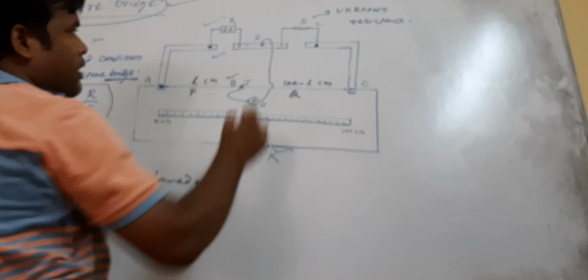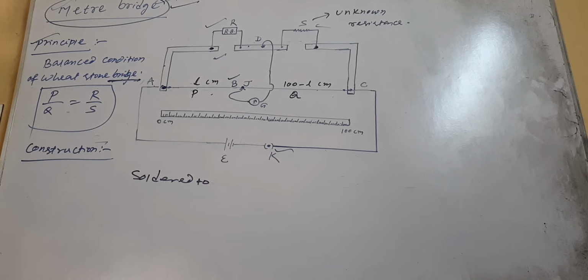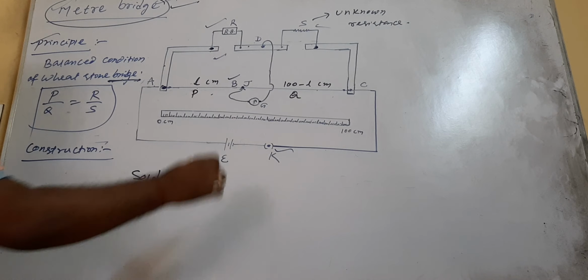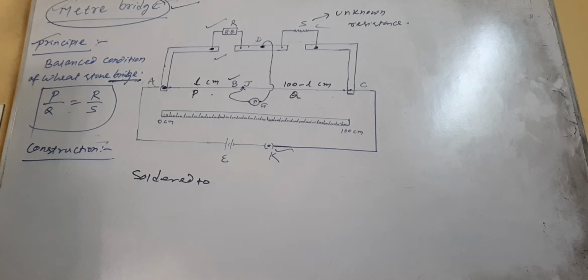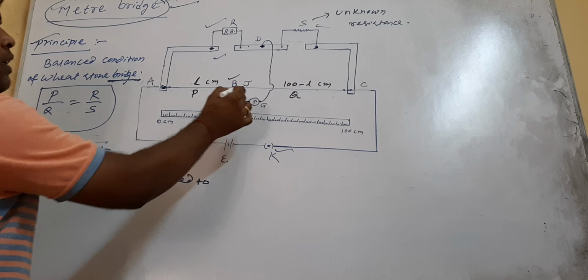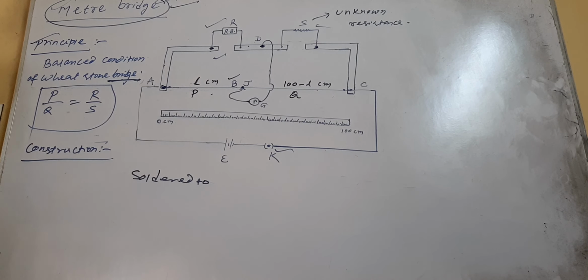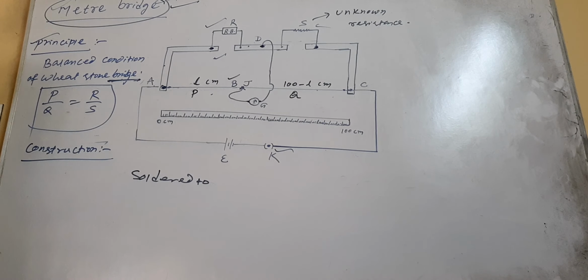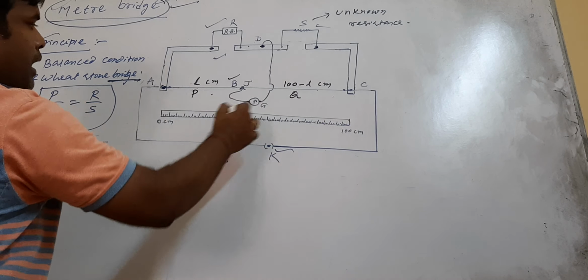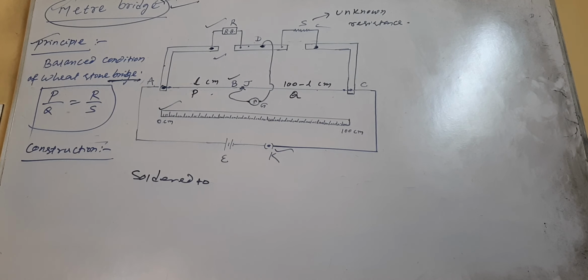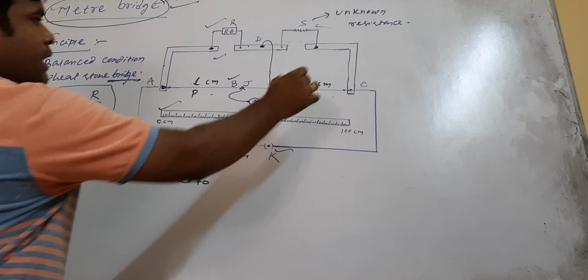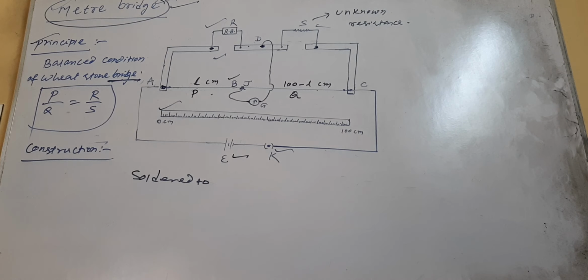In the right gap there is unknown resistance whose value is to be determined. One terminal of the galvanometer is connected to the copper strip at point D, and the other end of the galvanometer is connected to the jockey, which can be moved along the wire. The wire is fixed parallel to a meter scale, and a battery is connected between A and C through key K.